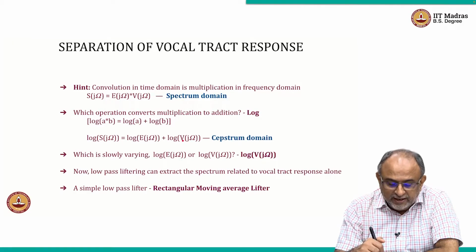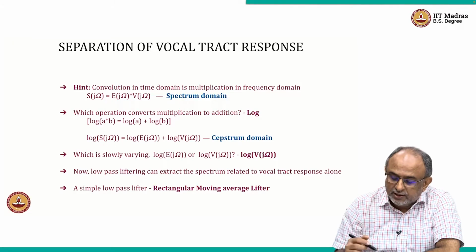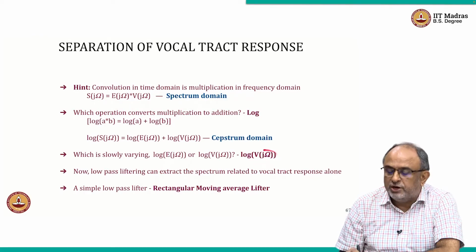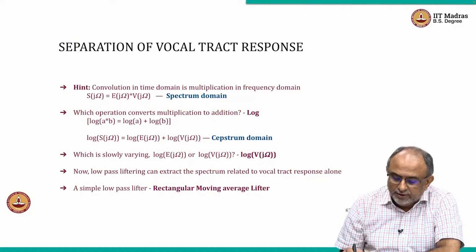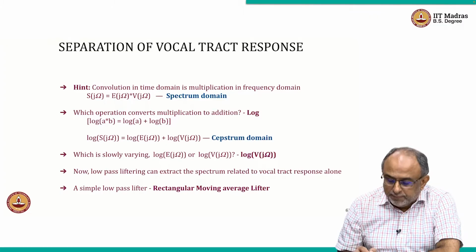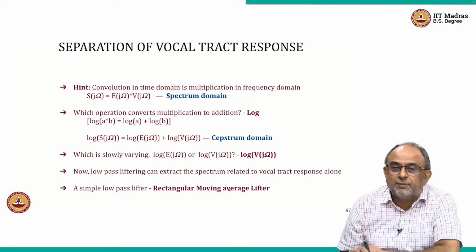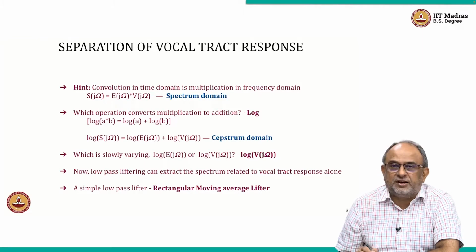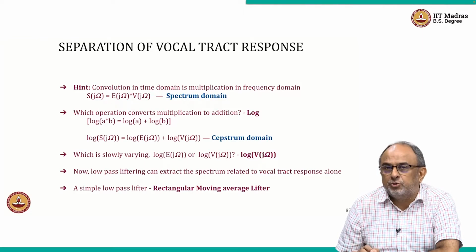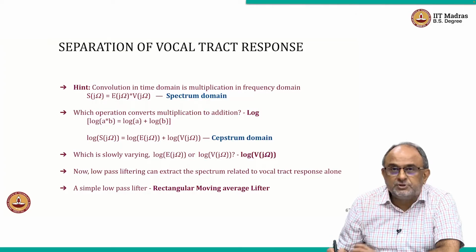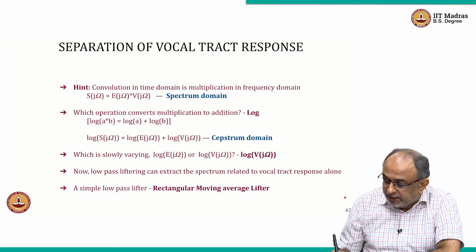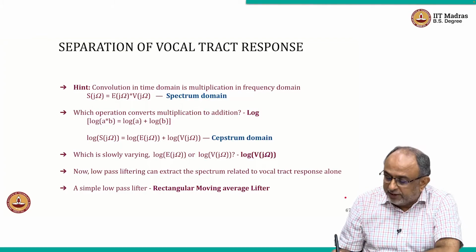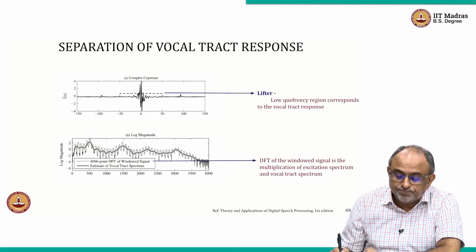And so my interest is, given this, can I get back the slowly varying part, right? And we said that that is possible by using a moving average filter, but in this case we will use a simple moving average lifter. That is the only idea that we are going to do here, okay? And that is a very important idea and quite extensively used, so I will talk about it.